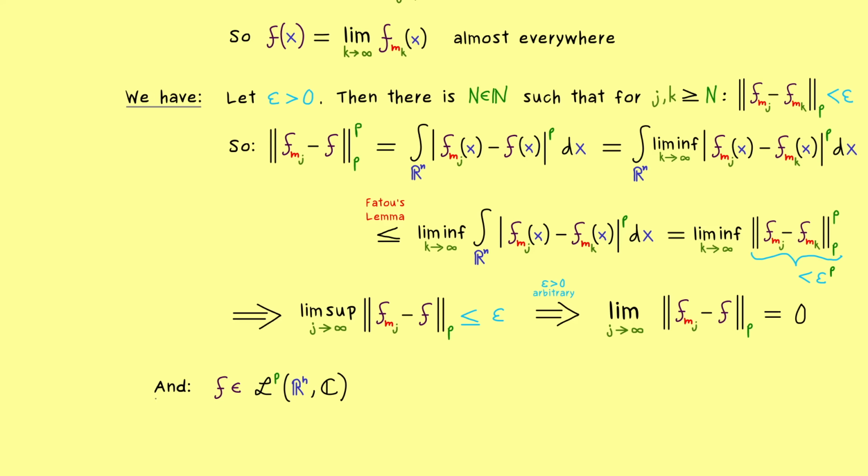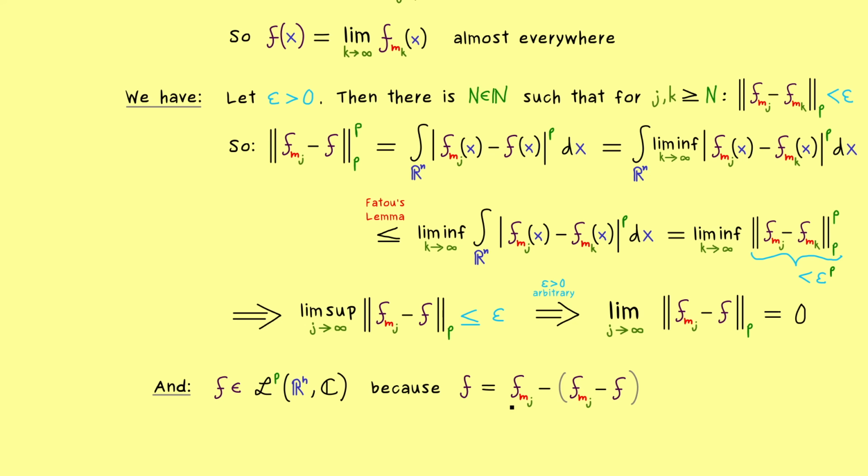However, this only works if the limit itself also lies in the corresponding space, which means f should be in L^p as well. But the good thing is this is quite easy to show because we can artificially rewrite f as a linear combination in L^p. So for example, let's use the f_{m_j} from before and let's subtract this difference.